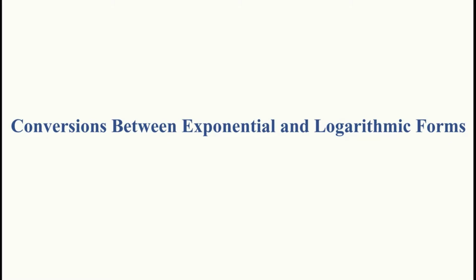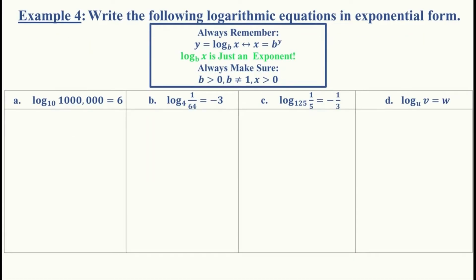Now we'd like to get some more practice converting between exponential and logarithmic forms of these equations. So let's take a look at a few problems that help us with that. All right, now we have 4 problems here that we're going to convert to exponential form. Notice they're all in logarithmic form, and now we're going to convert them.